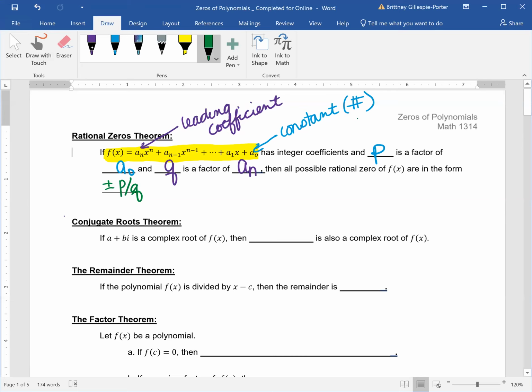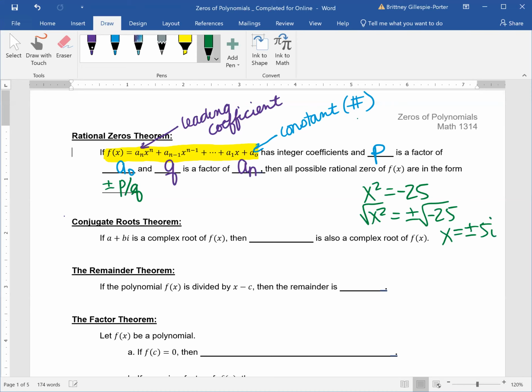The conjugate roots theorem, we've actually already used a couple of times when we use the square root property. So for instance, when we had x squared equals negative 25, and we took the square root property of both sides, you had to remember that we were using plus or minus, and that's how we got x equal to plus or minus 5i.